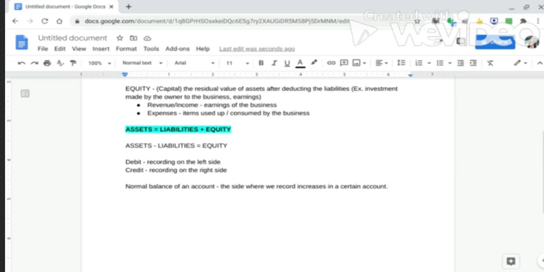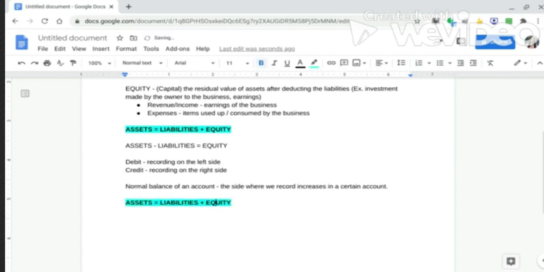Merong part doon na an asset increases with the debit and an asset decreases with the credit. Ganun. So, balikan natin yung equation kanina, ika-copy paste ko siya, wherein assets is equal to liability plus equity.